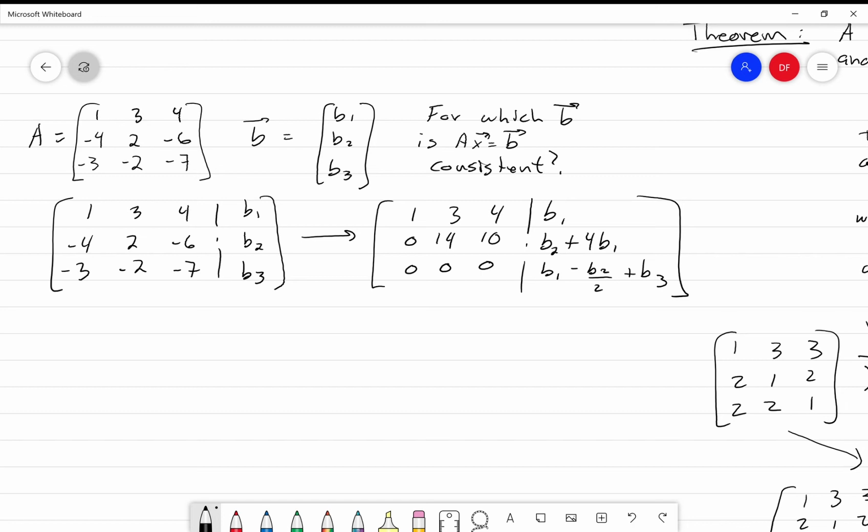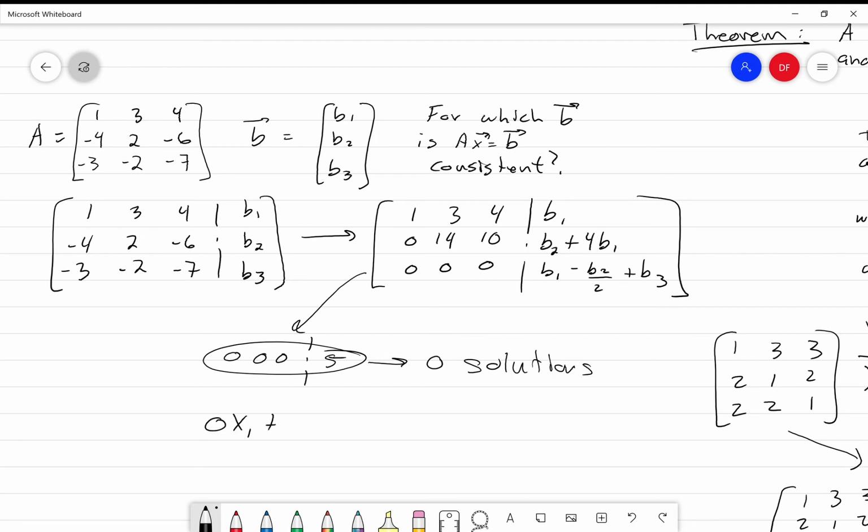So remember that if we have a matrix where one of the rows is 0, 0, 0, and then here we have 5, let's say, then this will give me 0 solutions. Because we can't have 0x1 plus 0x2 plus 0x3 equal 5. This will mean 0 equals 5, which is nonsense.